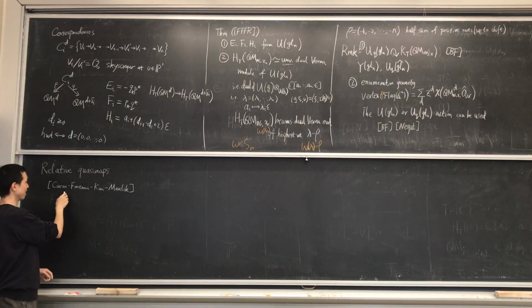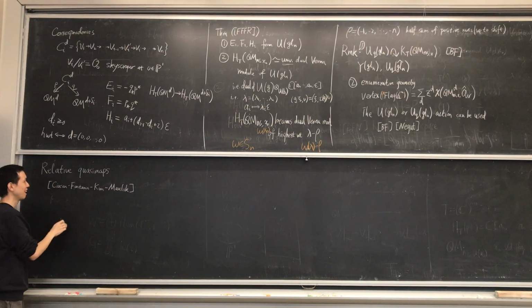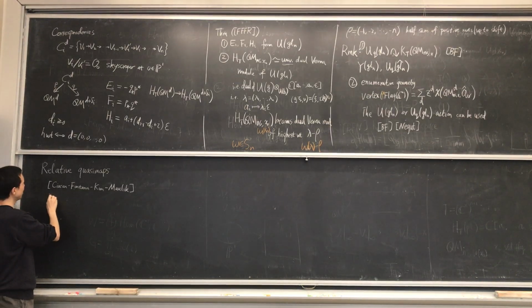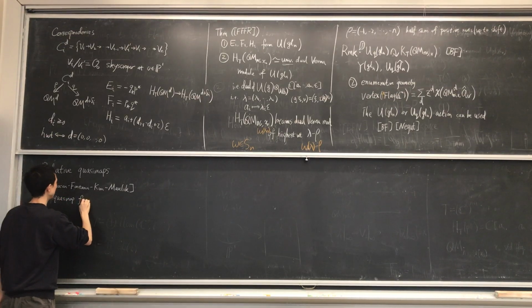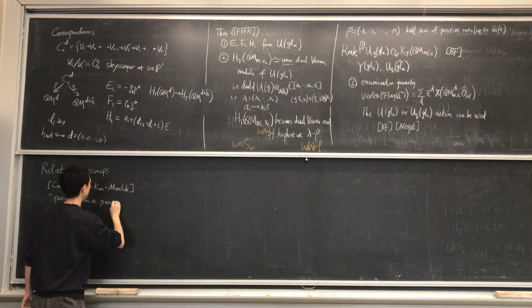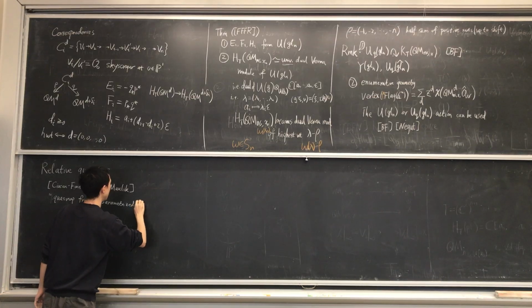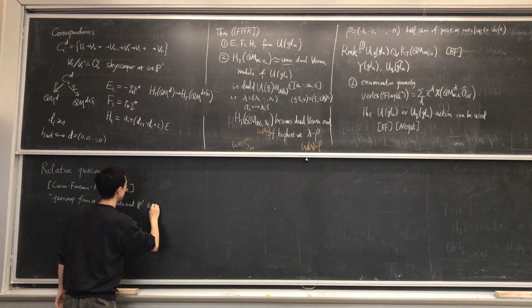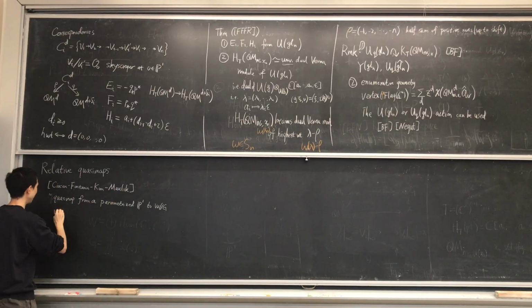But in their paper, they use slightly different names for these moduli spaces, and so in their notation, this should be called quasimaps from a parameterized P1 to this GIT quotient variety with the marked point at infinity.